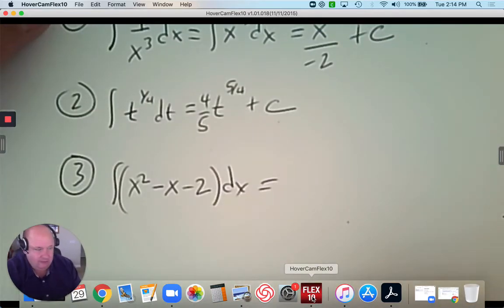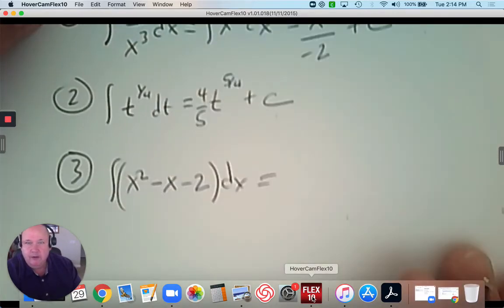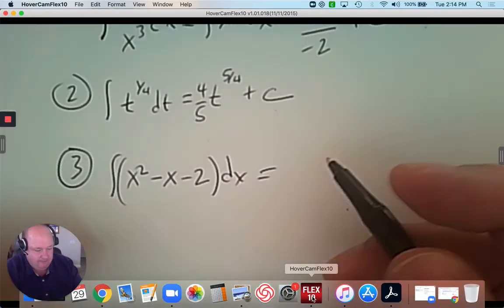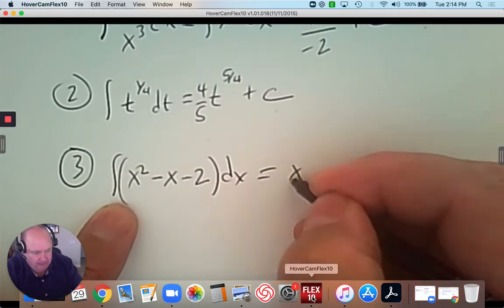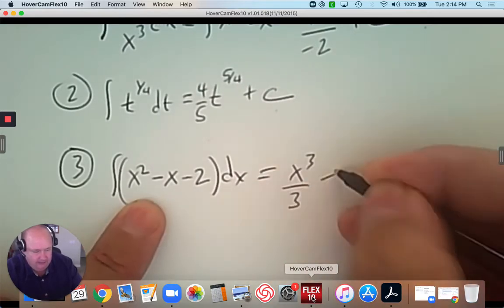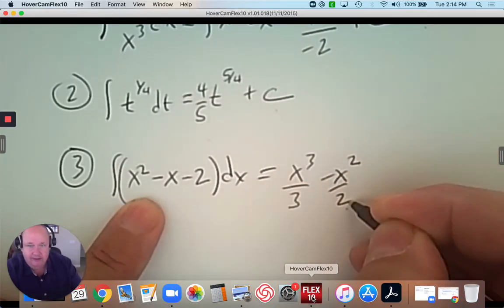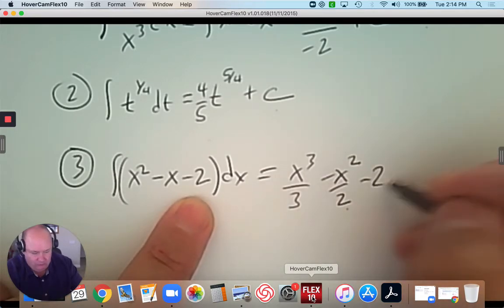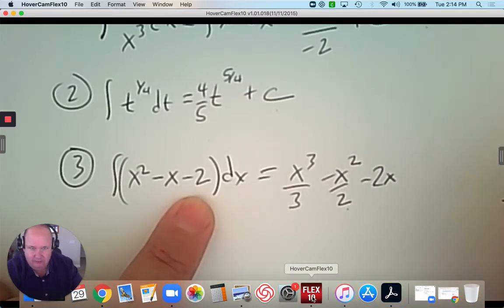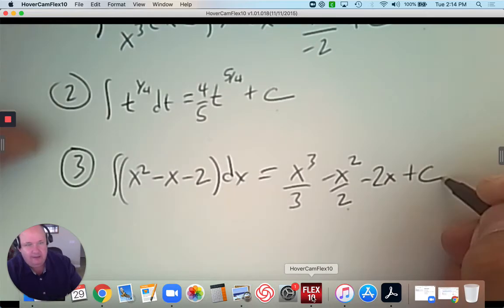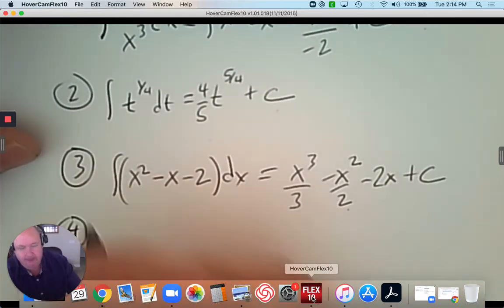See if I can get this thing to focus just a little bit. All right, so one at a time, add 1 and divide. So add 1 to the exponent and divide. Negative 2 is just negative 2x, the antiderivative of a constant. And then don't forget the candy at the end. That's it. Number 4.